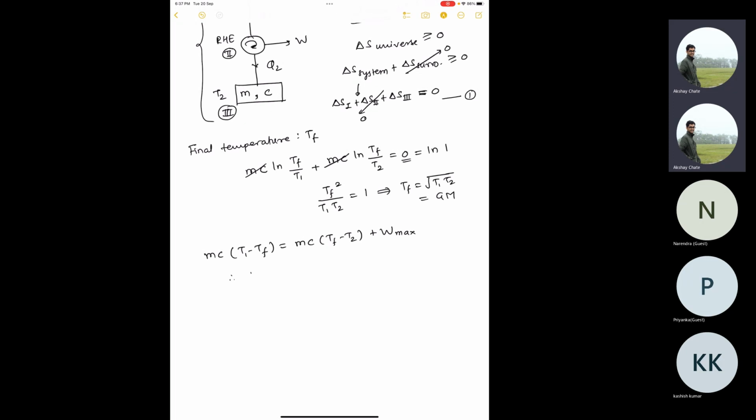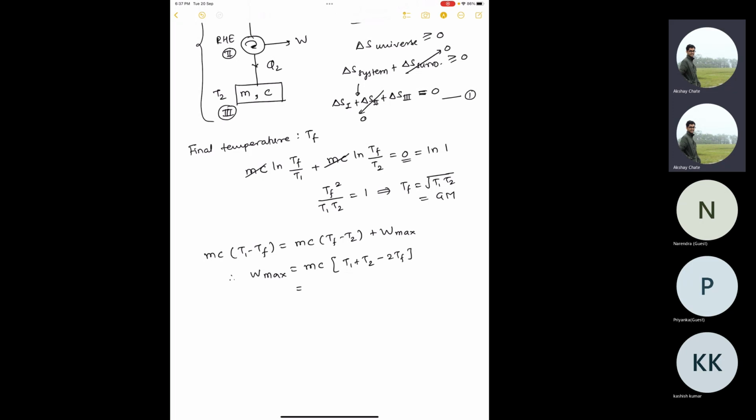But before putting TF, you can just take the same terms on one side. So it will become T1 plus T2 minus 2TF. This will be your maximum work done.